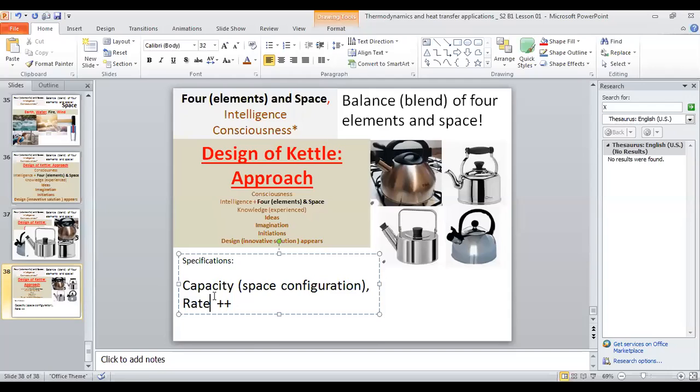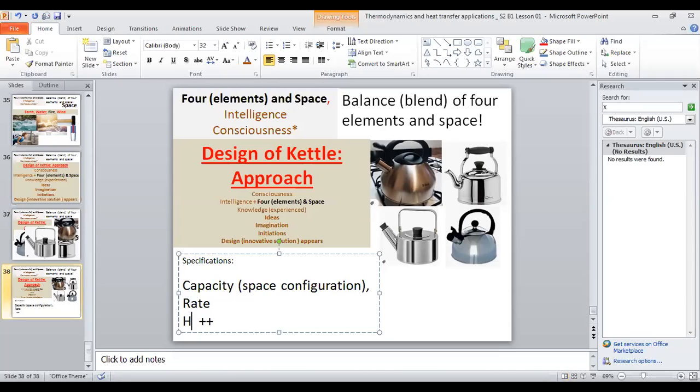Let's say water should be boiled at this rate for a household, at this rate for a restaurant, at this rate for this particular use. Then the energy source, whether it's firewood, gas, or different types of heat sources, or even electricity, maybe a hot plate or whatever.